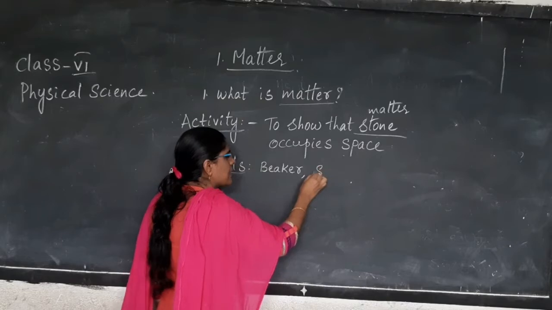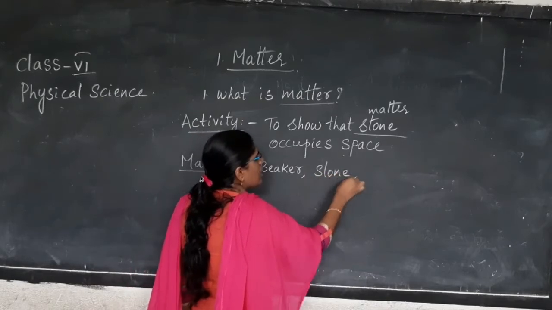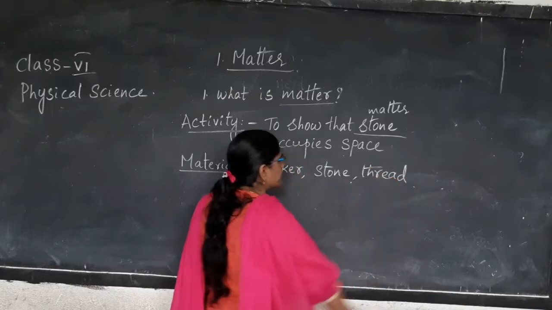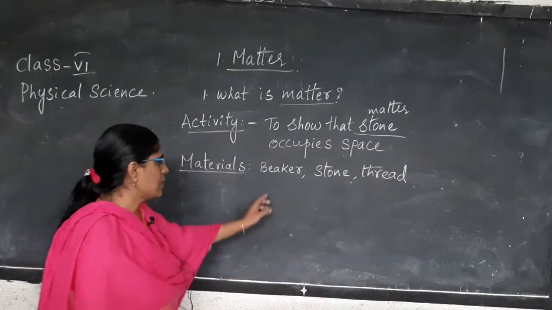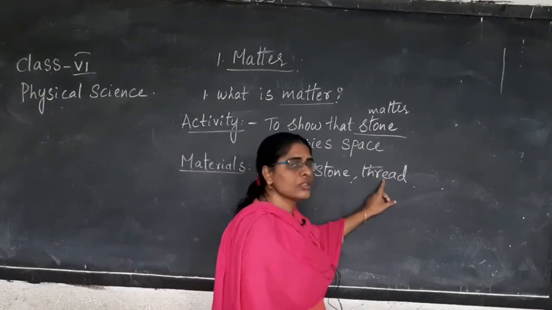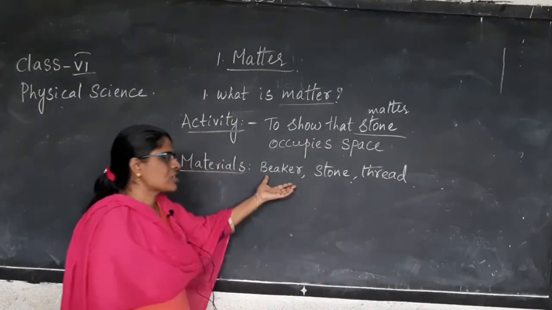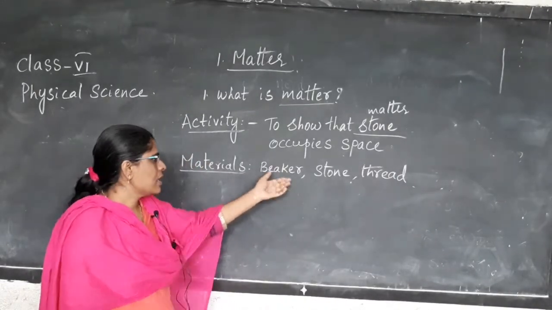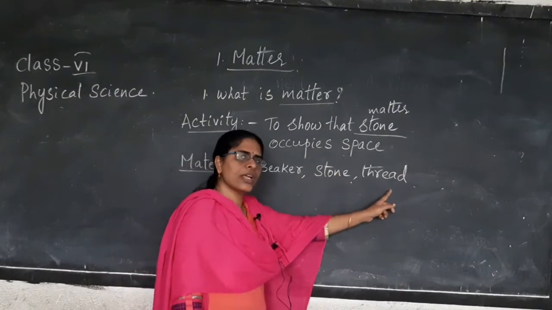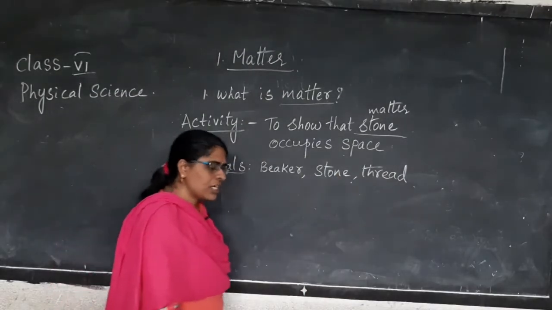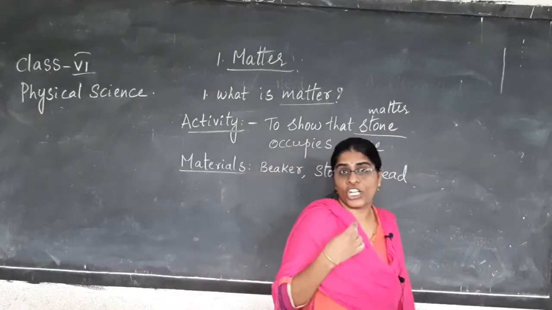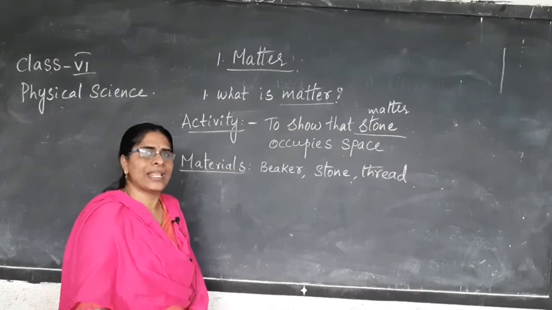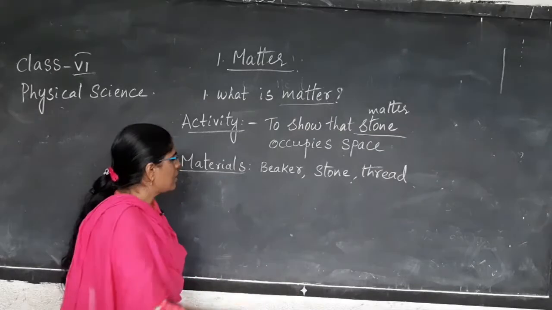Take a stone. Another one is a small thread. So we are taking a beaker, stone, and thread. In your textbook it may be written as glass tumbler. Now what is our aim? We need to show that the stone has occupied some space.